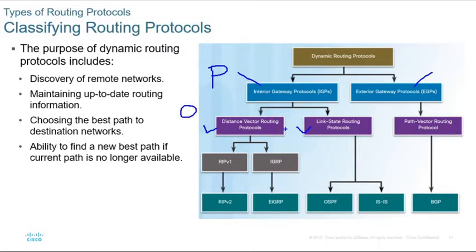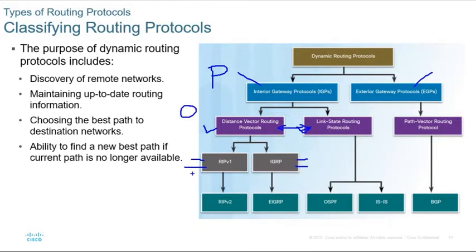Since we are focusing on these two types, the row after them shows how they are classified. These are the actual protocols that are being run on a router, the protocols that you actually configure on a particular router.